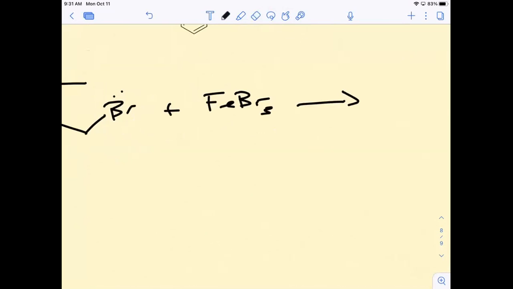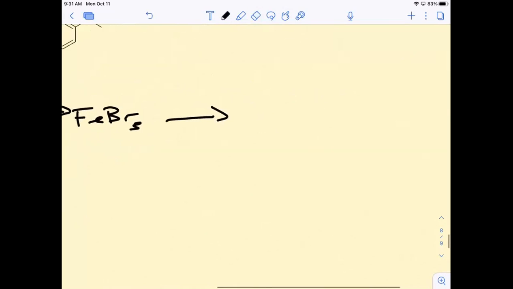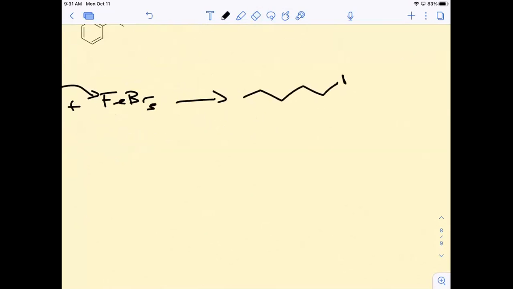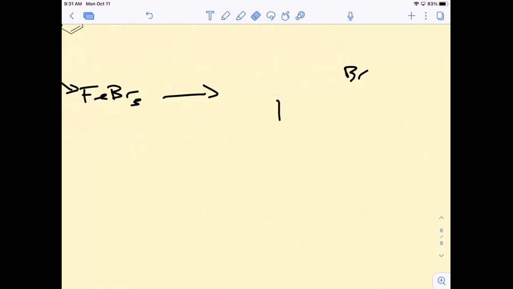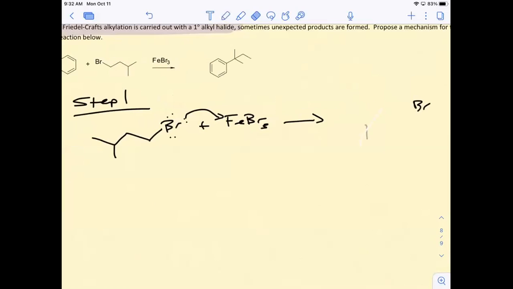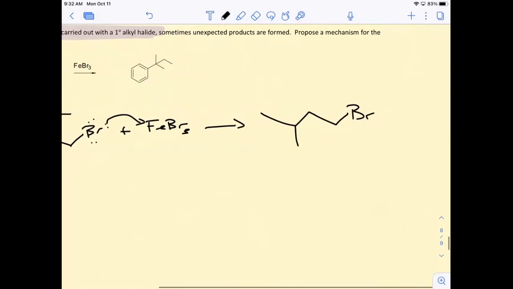All right, so I'm attacking here, we're donating electrons here. Right?